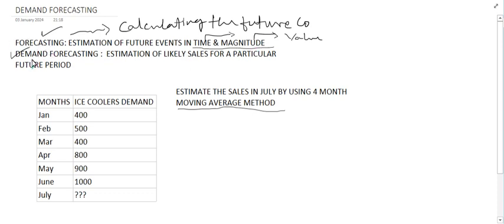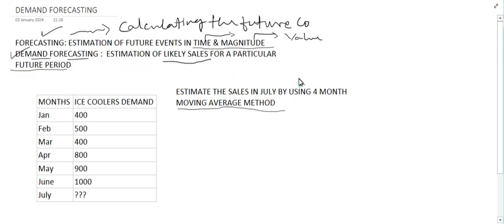Demand forecasting is nothing but using forecasting with certain calculations to find likely sales for a particular future period.